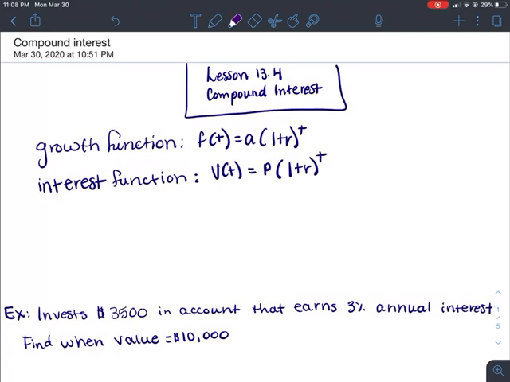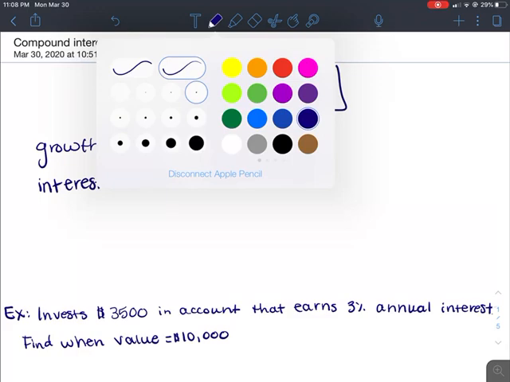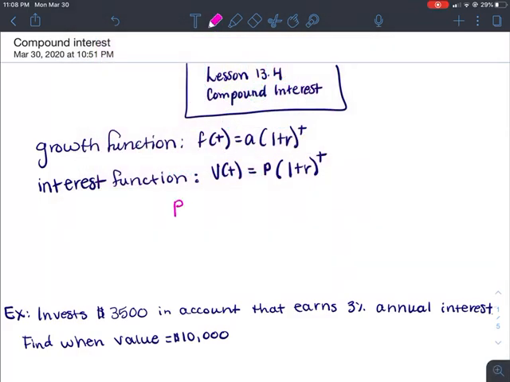Okay, so I'm going to do a different color for this. We'll do a nice pink. P equals the amount invested, and V of t equals the value of investment.